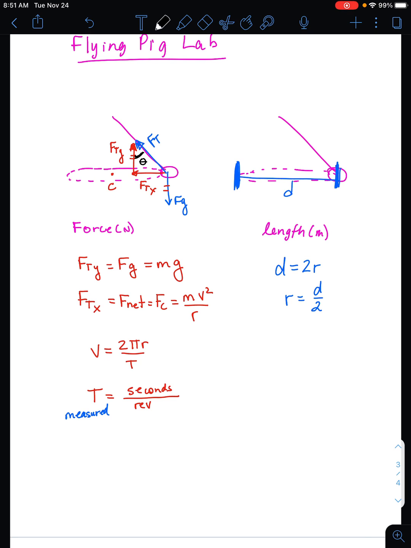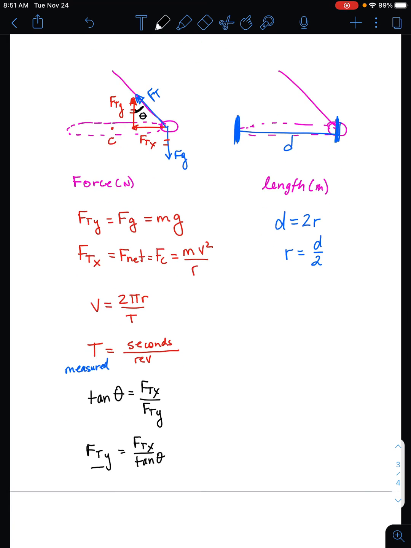The tangent of this angle is equal to the force of tension x over the force of tension y. So to solve for my force of tension y, it's going to be equal to the force of tension x over the tangent of theta. So I can find force of tension y knowing force of tension x and that angle.